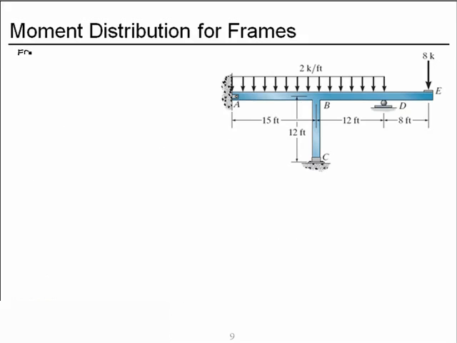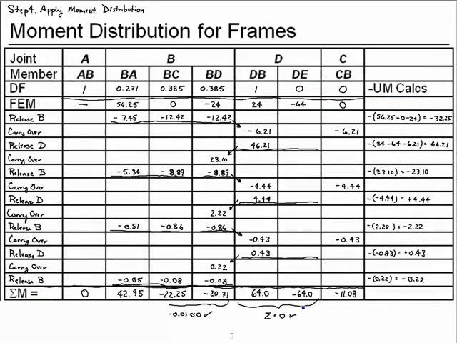Now we move to member DE, the cantilevered element of the frame. It is 8 feet long, has a concentrated force on the end, an unknown shear to the right of point D, and a moment we found to be negative 64 foot kips.